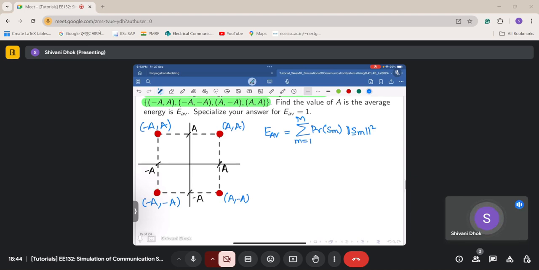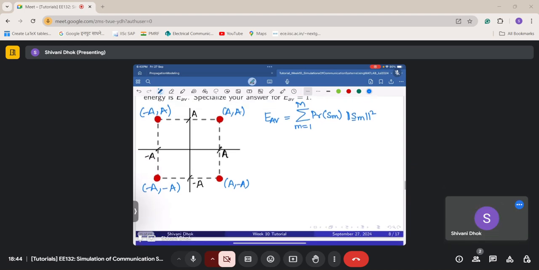Okay, so now let's do that. We have probability of Sm equally likely, so this will be 1 by 4 summation m equal to 1 to 4 magnitude of Sm square.